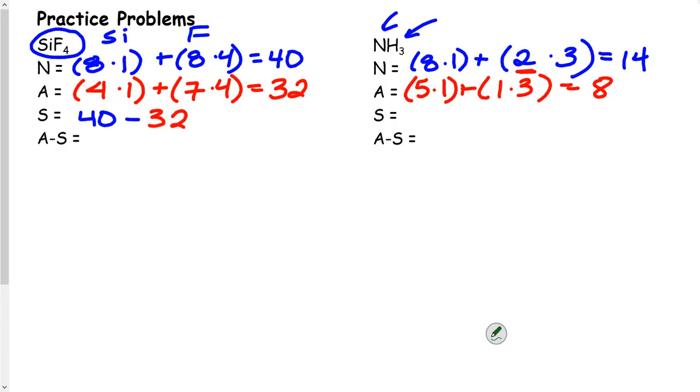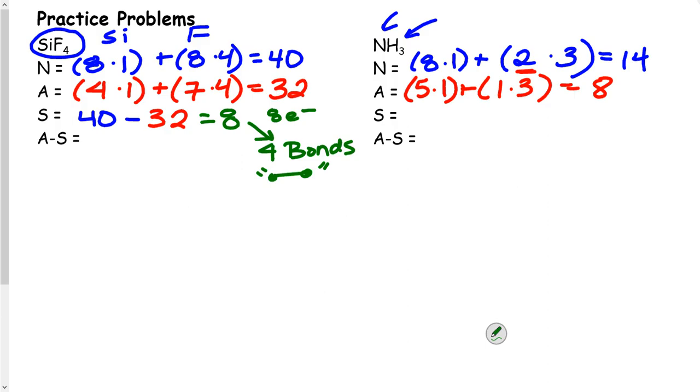When we subtract them, we get 8. If we have 8 shared electrons, that gives us a total of 4 bonds, because to make a bond, remember you need 2 electrons.